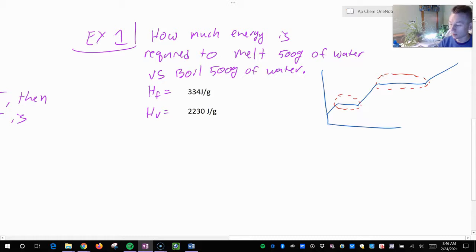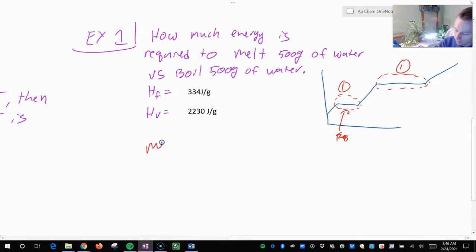And so really we just need for each part just one equation. So like just one part. That's it. We don't have to add anything together at all. If we had to do multiple parts of the graph, then yeah, then we have to add them together in the end. But that's not the case.